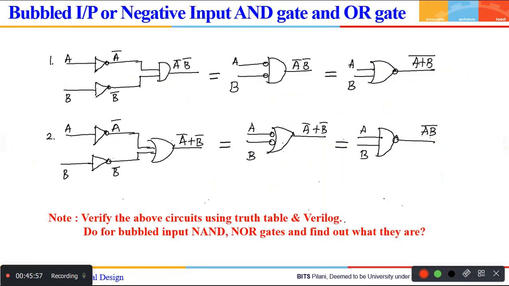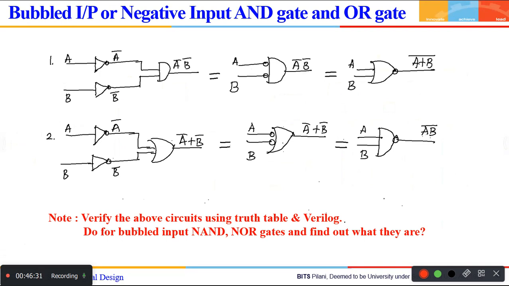Now see this one. This is very important. Your NOT gate is different, your AND gate is different, and your OR gate is also different. AND, OR and NOT gates are called basic gates. See, imagine I have a logic function and I have my logic circuit which has all these operations.